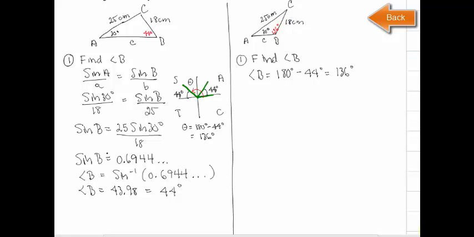Okay, so the next thing that I want to find is angle C. All right, it's an easy one to do, and I really can't find side C anyway unless I have angle C, so I'm going to start with that.